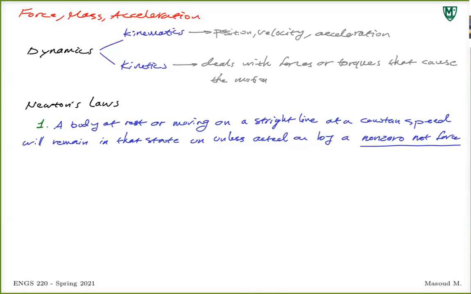In mathematics, we write it the other way around. We say if the summation of the net force on an object is zero, that object stays at rest if it is at rest, and keeps moving on a straight line with a constant velocity if that's its state at the beginning.